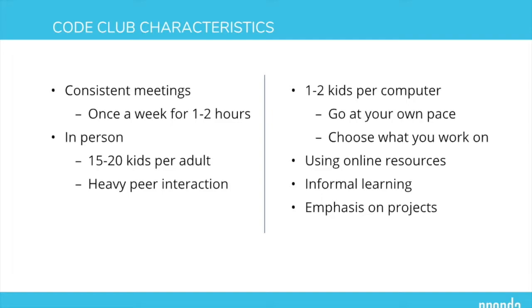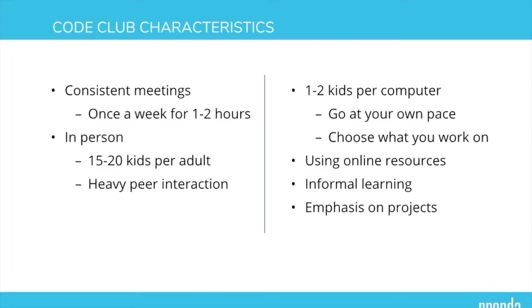Additionally, Code Club is in person, so we're going to have this in-person experience very similar to the traditional classroom. Kids are in a classroom environment where there are peers, other kids roughly their own age, and there's an adult there too. We think the right ratio is somewhere around 15 kids to an adult. If you have over 15 kids in your code club, I recommend getting another adult.